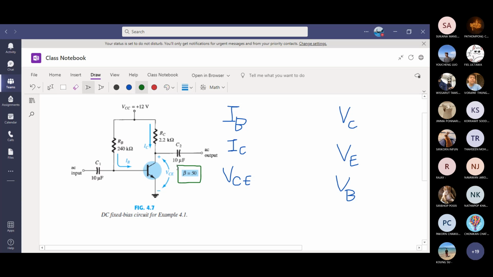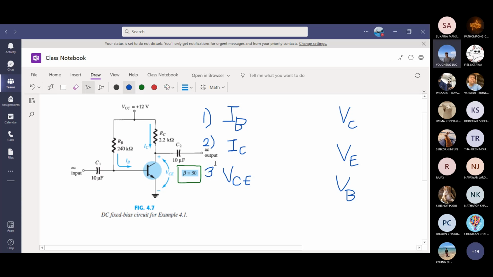I will pick one student randomly. Is Silicon here? Yes, teacher. Silicon, you solve the first one, IB. So let me put number 1 for you. Visalut, solve IC.